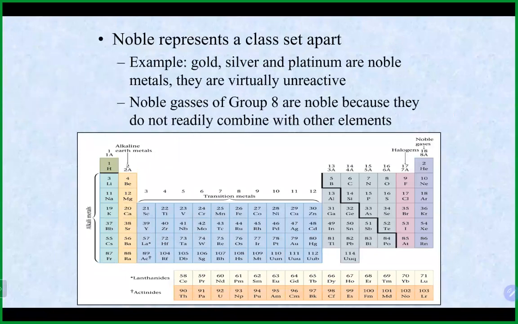There are also some very unreactive or noble metals, and that is gold, silver, and platinum, which are basically right here. Gold pretty much doesn't react with much, which is why it's expensive, because it doesn't react.